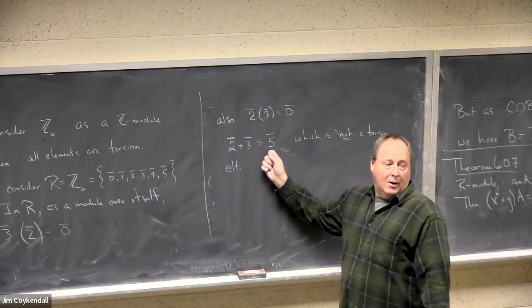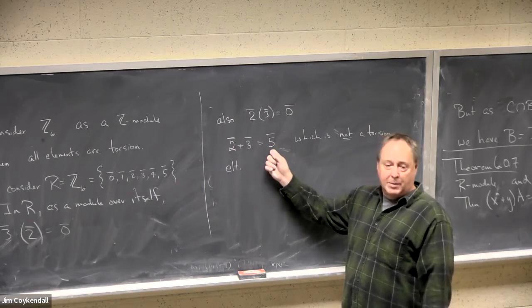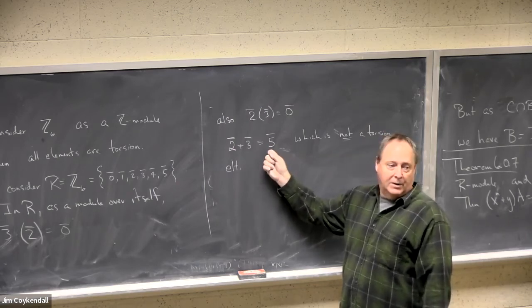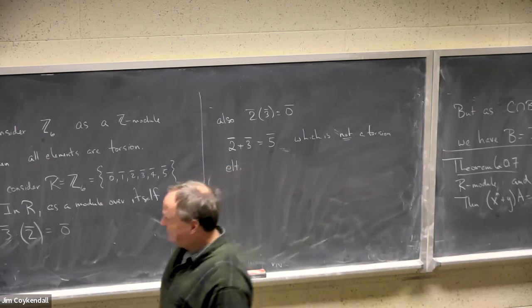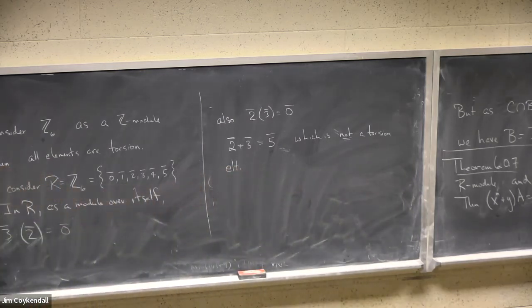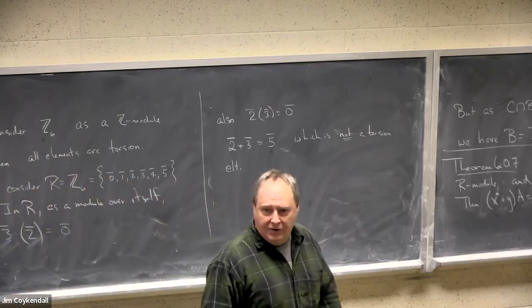Because multiply this by all elements of Z6, and what does it take to get 0? If you multiply 5 bar by 1 bar, 2 bar, 3 bar, 4 bar, 5 bar, you don't ever get 0. So this is not a torsion element. If you have an integral domain though, then the sum of two torsion elements is still a torsion element.